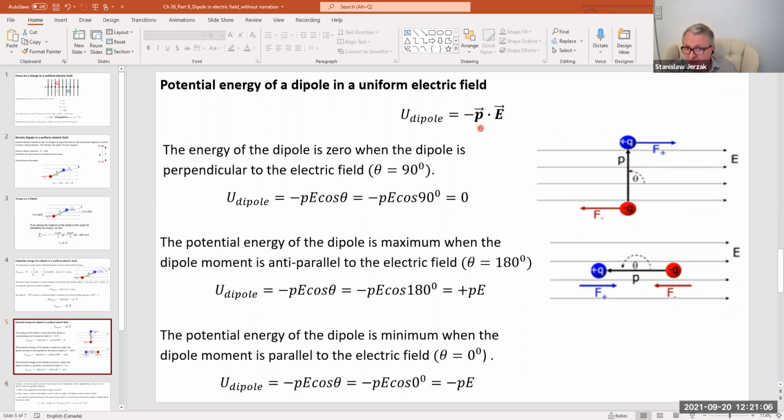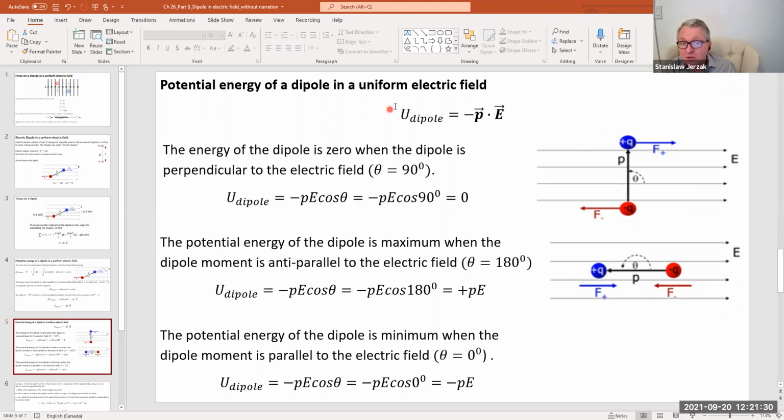But in terms of energy, remember that potential energy is not an absolute quantity. We can only calculate the difference of potential energy between two orientations. Only the difference is meaningful. We should not even talk about the energy of the dipole at one orientation.